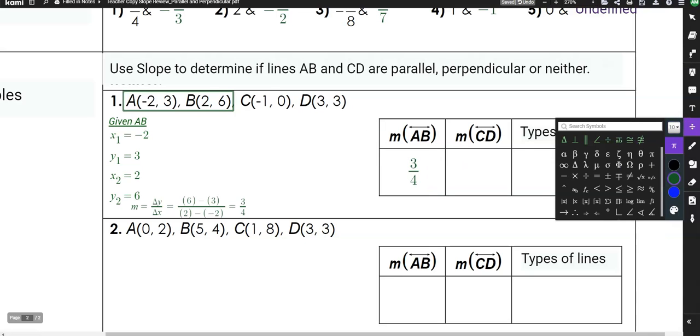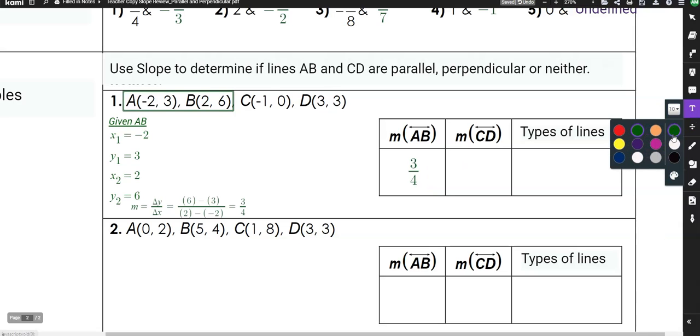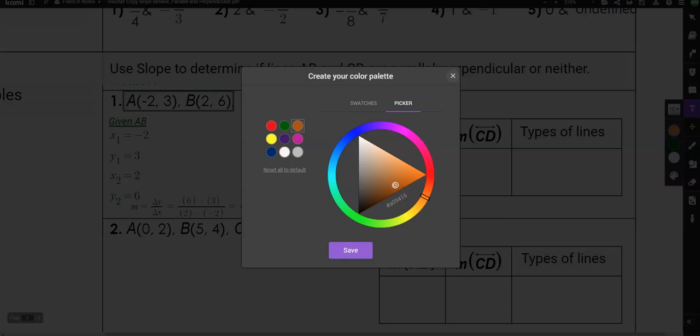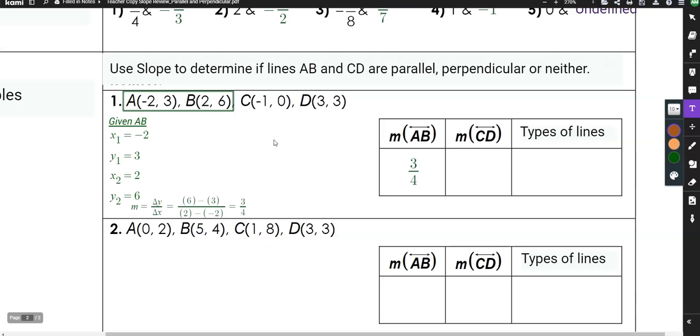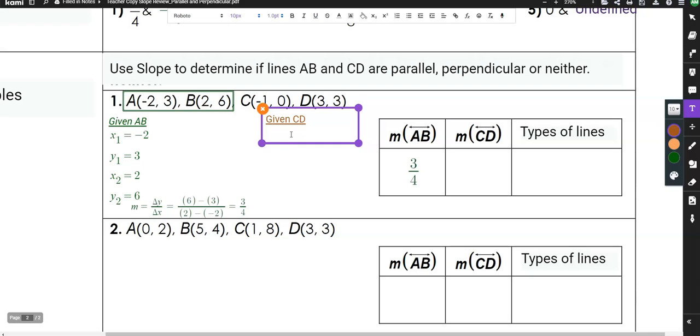And then I'm going to go ahead and do my givens for the other line. Pick a darker orange. Our givens. This is going to be for line CD. And we're going to have our x1 will be negative 1.